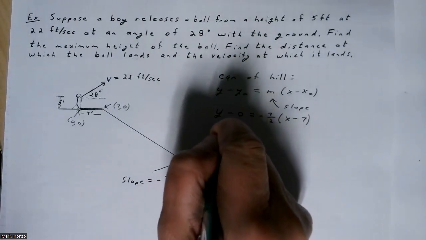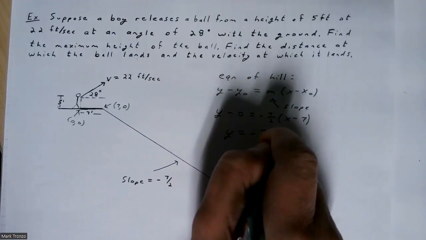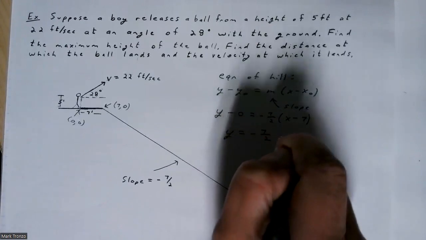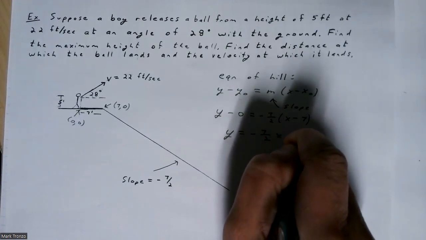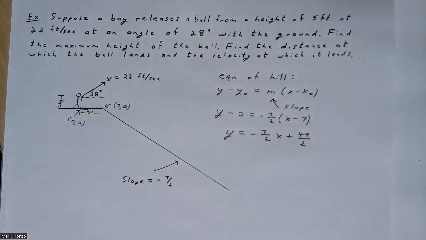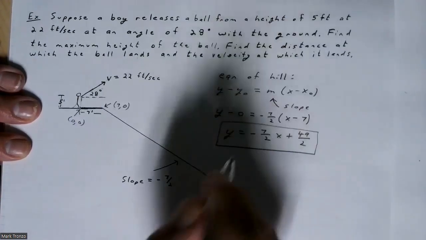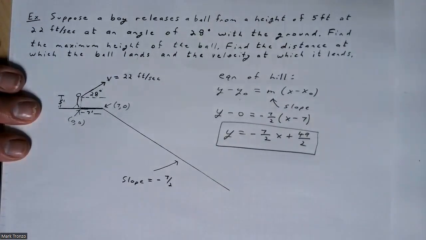Then we can just solve this. We can multiply this through, maybe make it look a little bit better. So we have this. So that's going to be the equation of this hillside here.